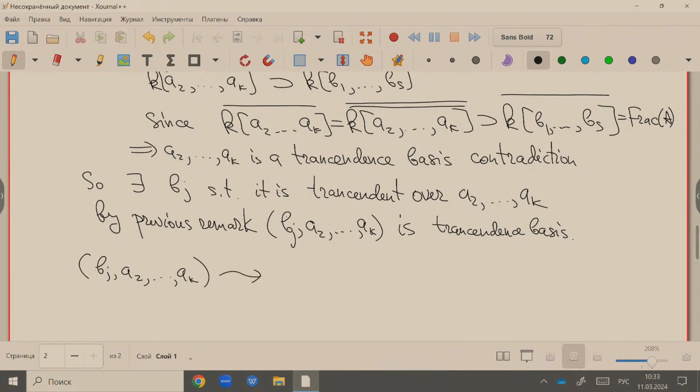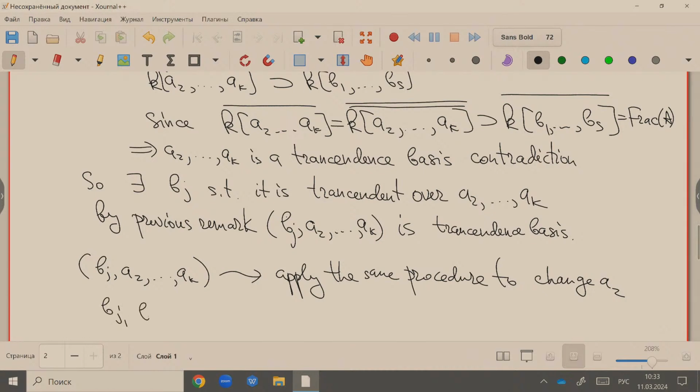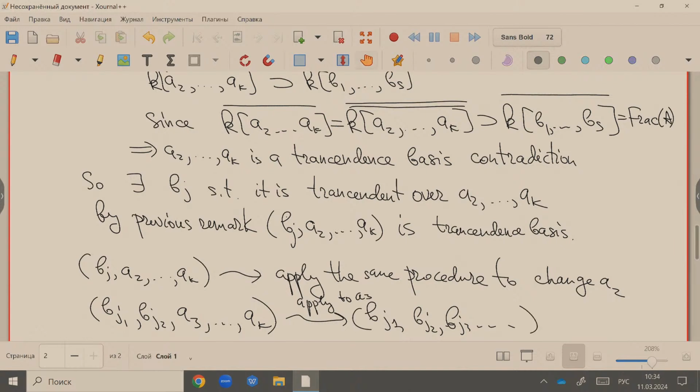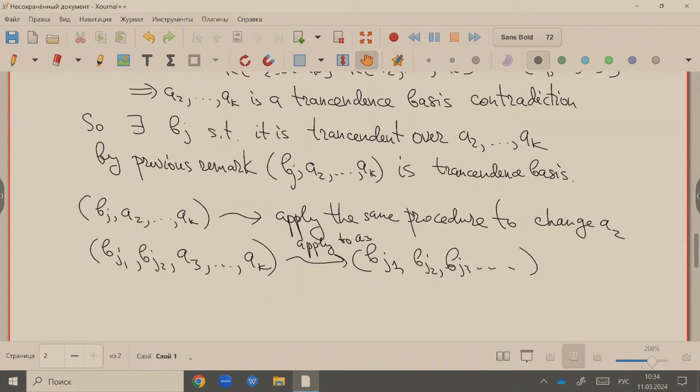Then we apply the same procedure to change A2, then for some Bj2, and then to A3, so just Bj1, Bj2, Bj3, and we apply it to A3, until we change all the elements of A.